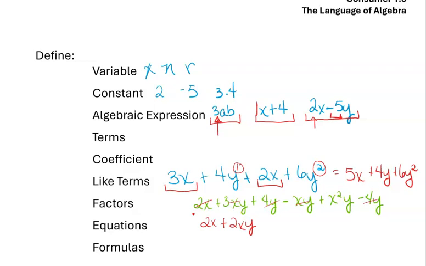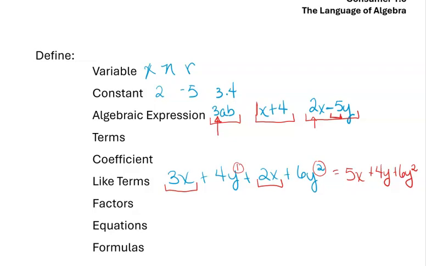They cancel each other out, and I'm simply left with the x squared y, which does not have any other terms like it. So that green expression simplifies to this red one when I collect the like terms. For practice collecting like terms, look at example 1 on page 19.